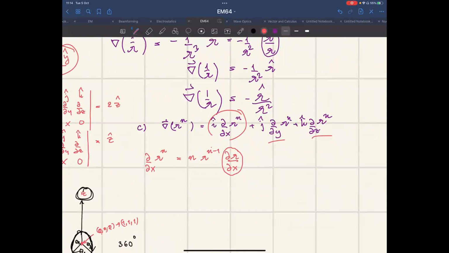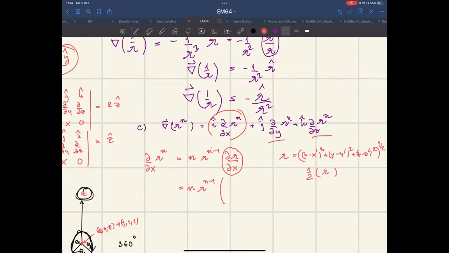What is our r? Our r is to the 1/2, right? Okay, this is our r here. So we take the derivative with respect to x. What do we have? First we take the derivative, we get 1/2 and the whole thing.